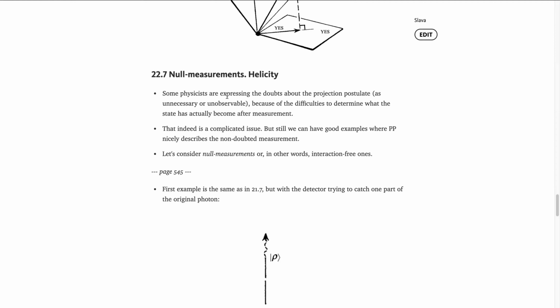Penrose agrees with that, but still we can have good examples where the projection postulate nicely describes the non-adapted measurement. But to understand that, we need to consider what null measurements are, in other words, what we could call interaction-free ones.